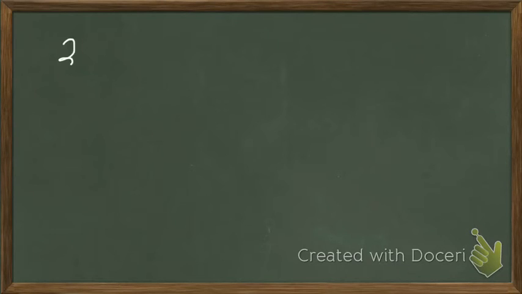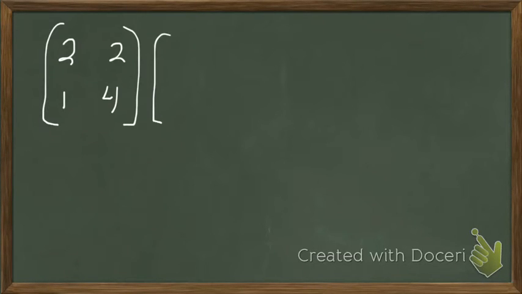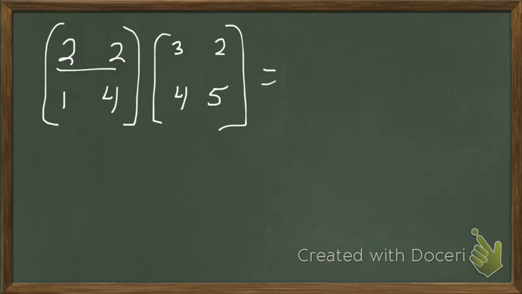Now, if we multiplied a 2 by 2 matrix by a 2 by 2, we should get a 2 by 2 matrix out. And I'm going to multiply that first row by that first column. 2 times 3 is 6. 4 times 2 is 8. 2 times 2 is 4. 2 times 5 is 10.